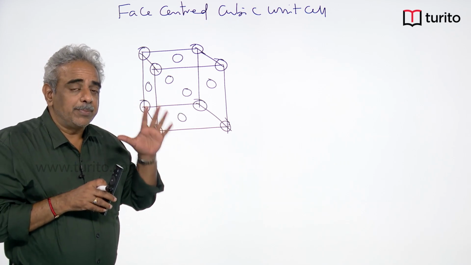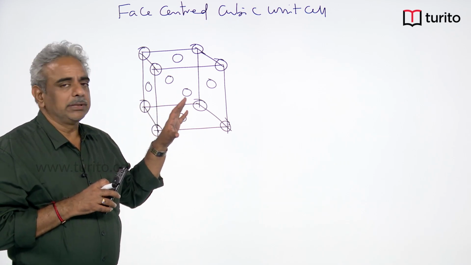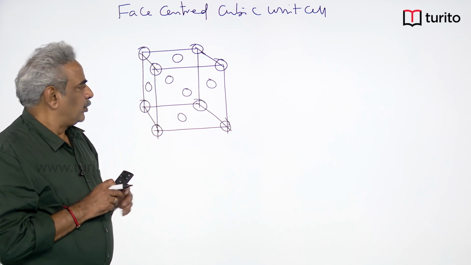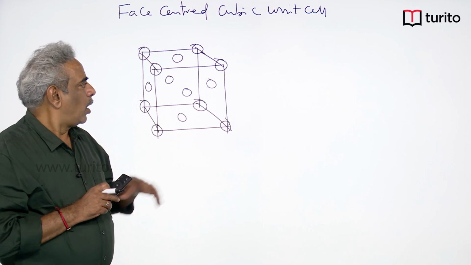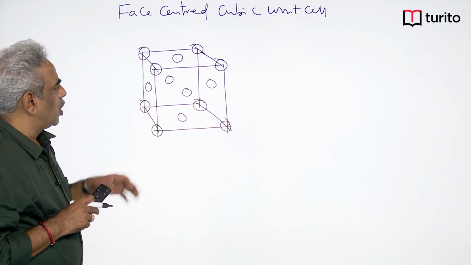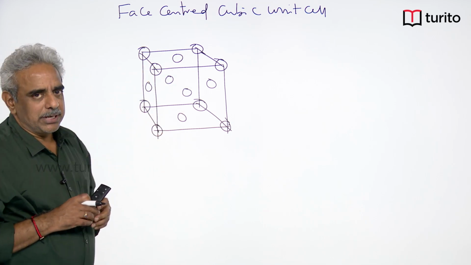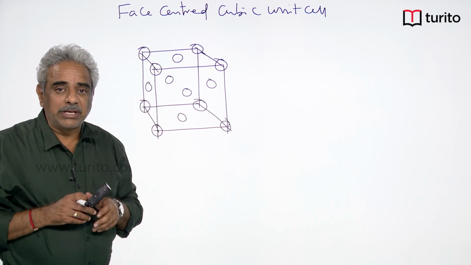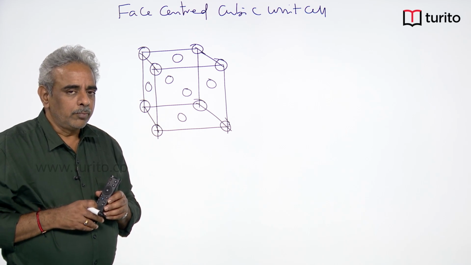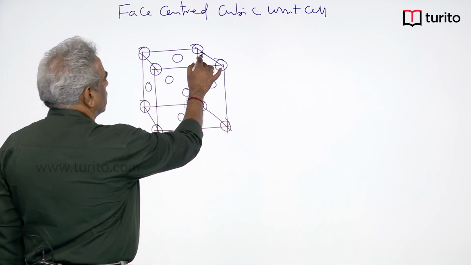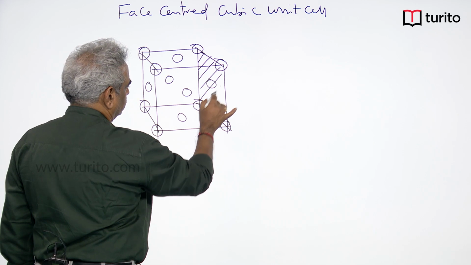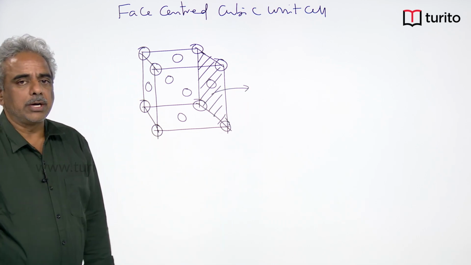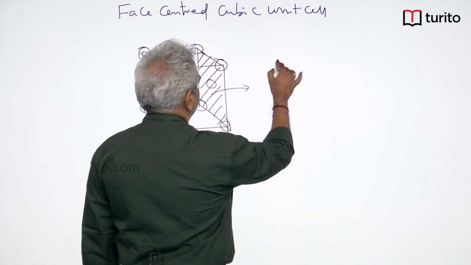And what is its description? Without knowing the description of unit cell, we cannot do anything. We can't do any calculations. In this you have got atoms in 8 corners, and you have got atoms in the 6 faces. If I draw this face outside, how will it appear? If I draw it outside, I am going to see something like this.